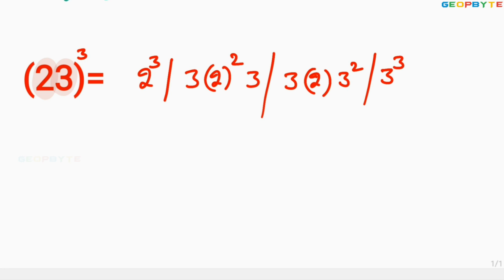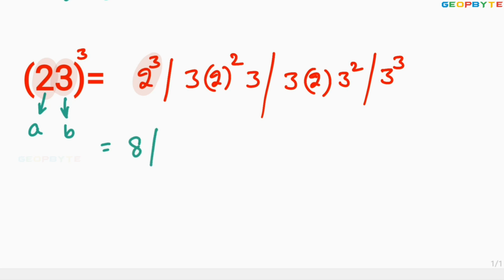I am assuming this is A and this is B. It is equal to, what is 2 cube? You know the value of 2 cube is 8.